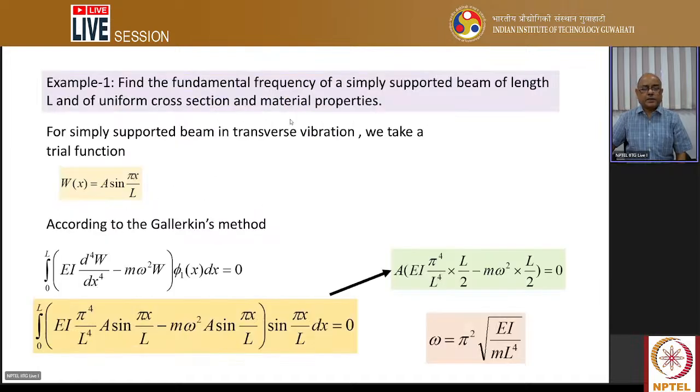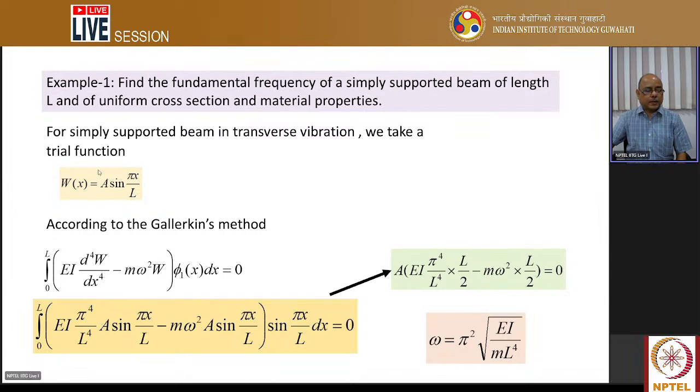And one problem is the simply supported beam, where the mode shape function, we know, for any mode in a simply supported beam, first, second, third, whatever, is a sine function, sin(n pi x by L), where n is the mode number. If we assume the first mode only, the mode shape is A sin(pi x by L).